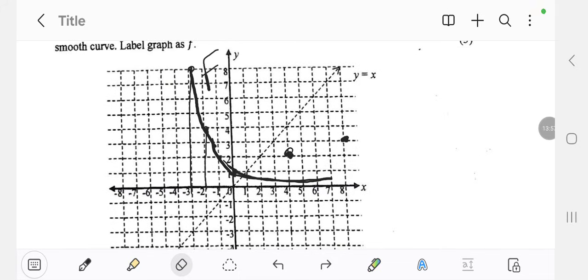Alright. 8 goes with 3, 4 goes with 2, and then 2 and 1. 2 and 1 there. And then we have 1 and 0 there. Then we have 0.5 somewhere there. And also -1, so they meet.